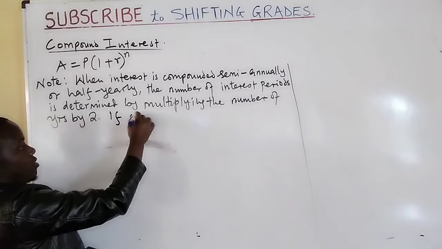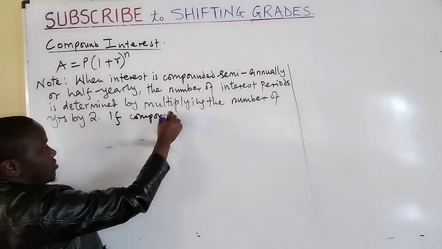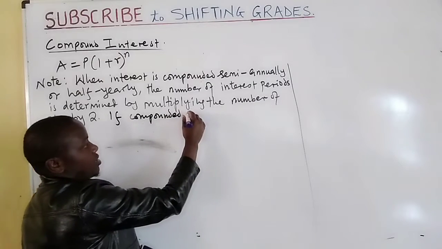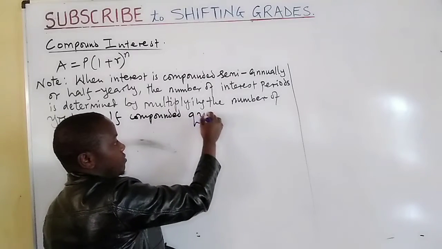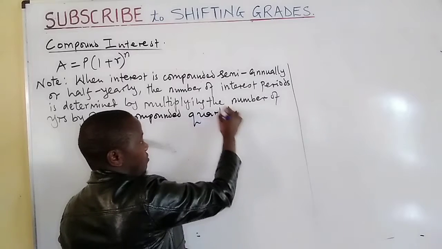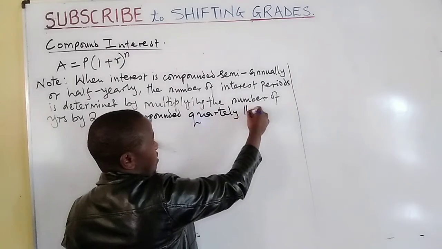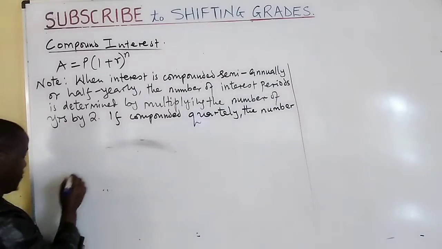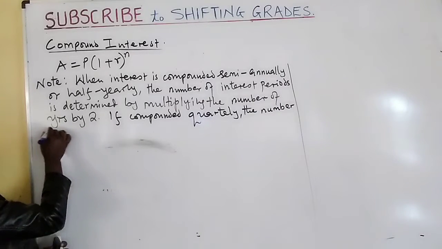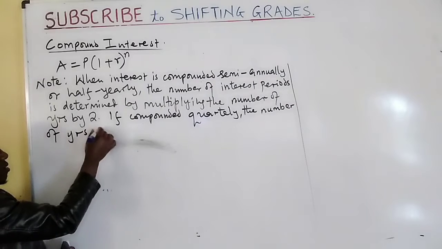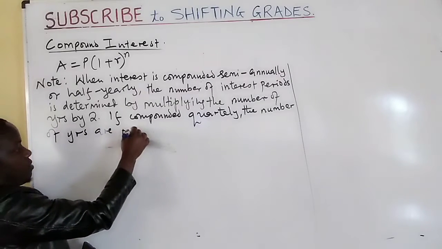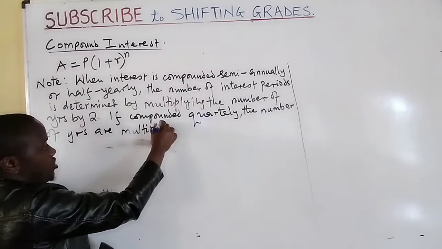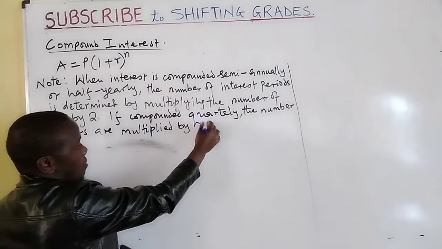If compounded quarterly, the number of years are multiplied by 4.